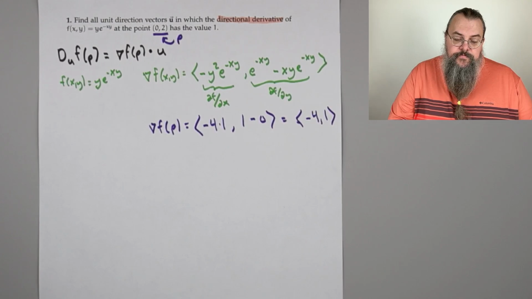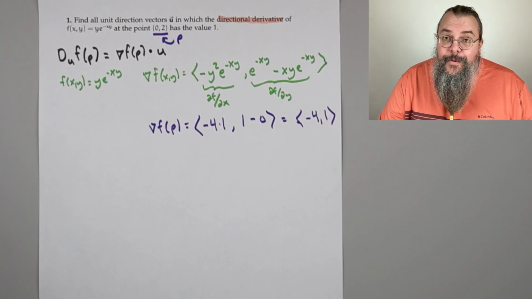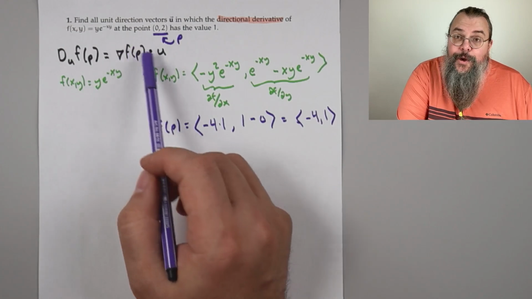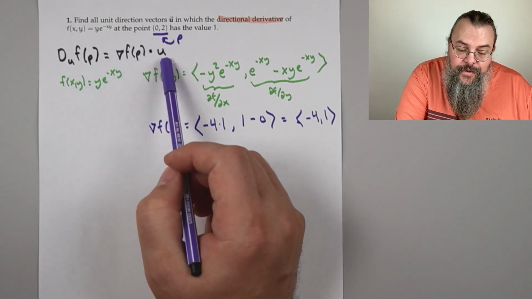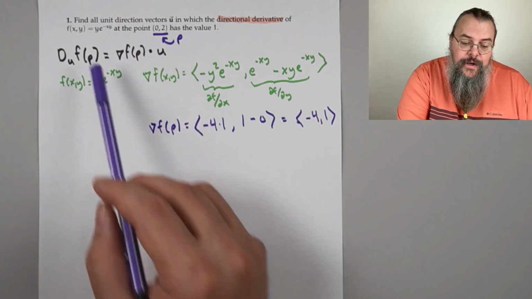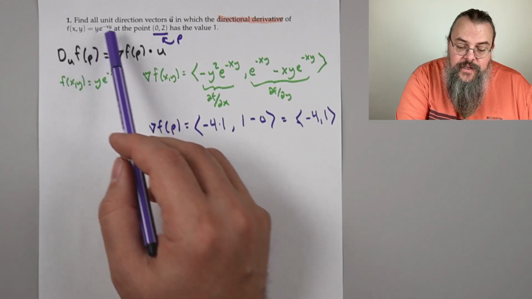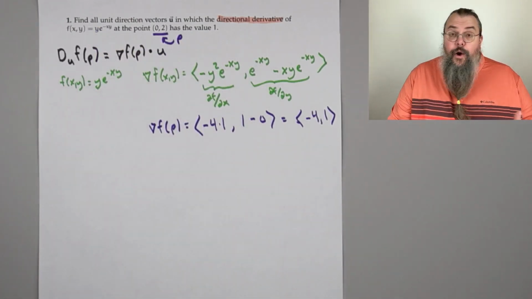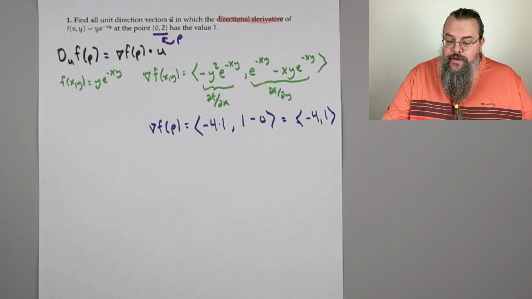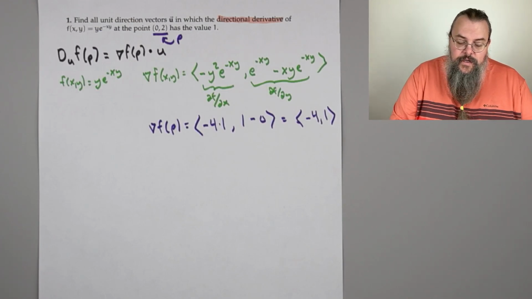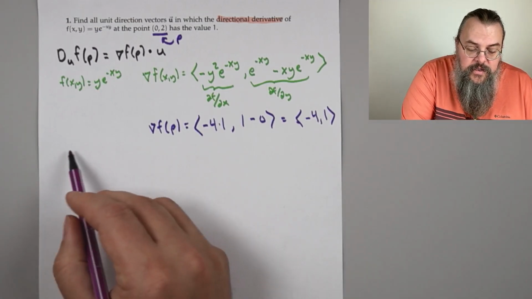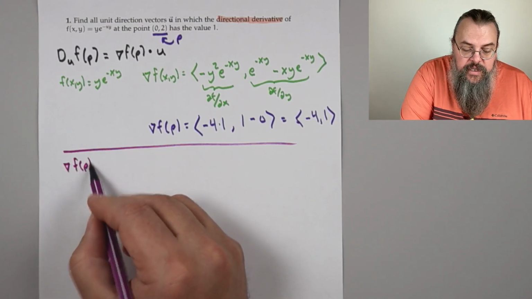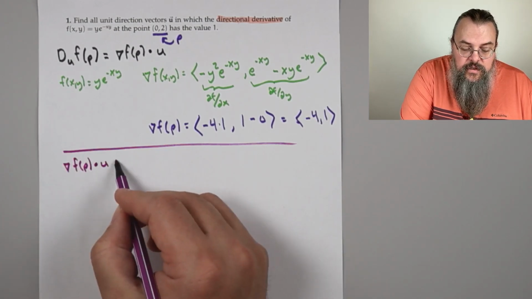Okay. Now, we've done some work. We've found this part. What do we need? Well, we need u. That's actually what we're looking for. All unit vectors so that the directional derivative has the value 1. So we say, oh, okay. We want our gradient of f at p dot u to equal 1.